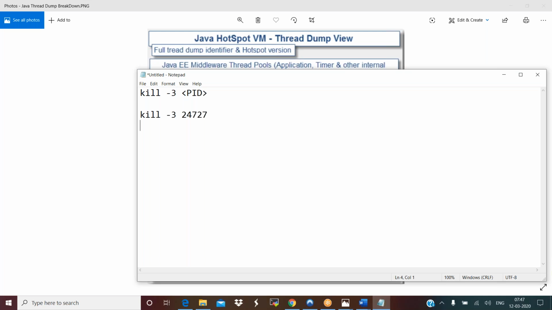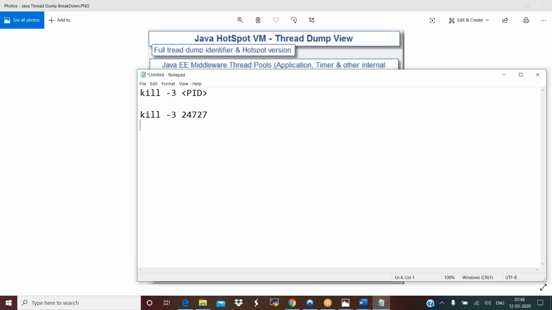Before Java 5, there is no kill -3 command for taking a thread dump snapshot. I am not sure from which version it is available, you can Google on that. But kill -3 process ID will help you to take a thread snapshot only on Unix, not on Windows. It is only used on Unix servers to take a thread dump.